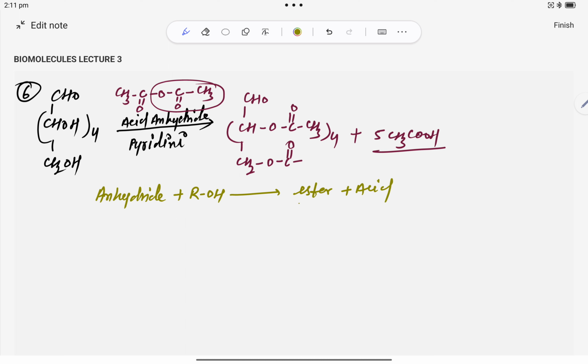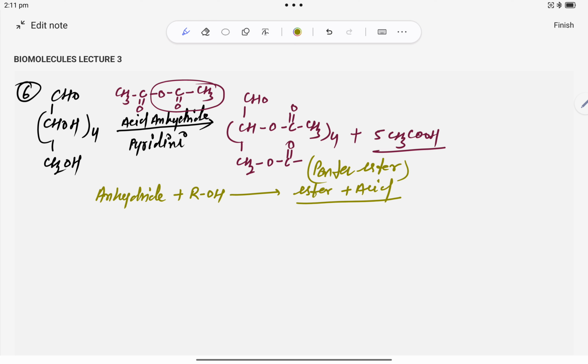It forms ester plus acid. So this is a kind of ester formation. And which kind of ester formation? Pentaester. Okay. So these are the 6 points for the structure evidence of glucose.